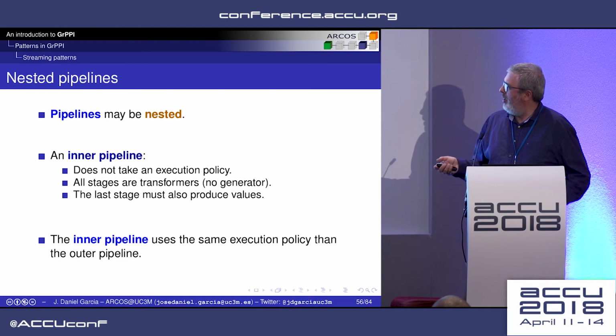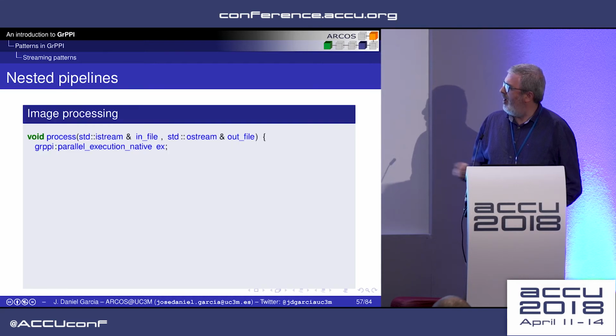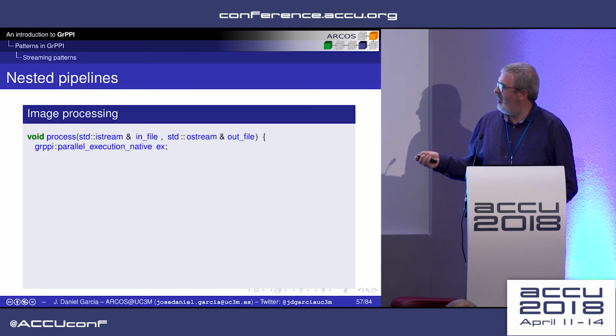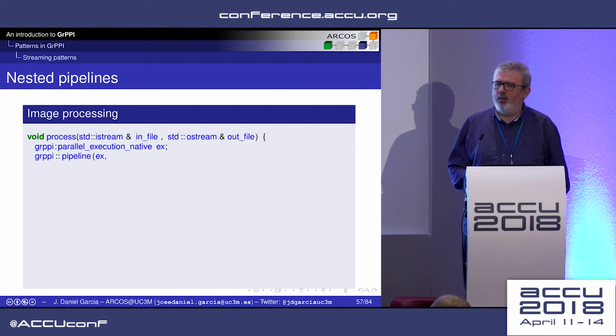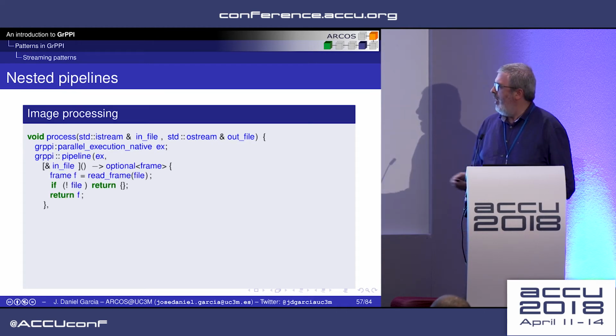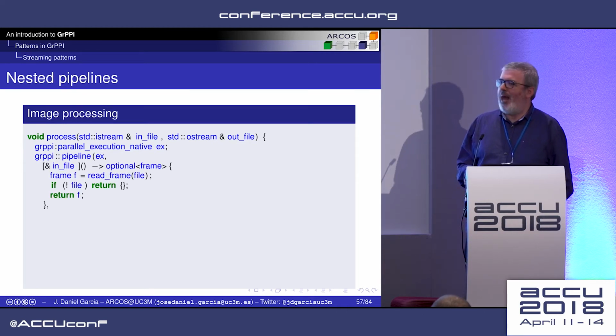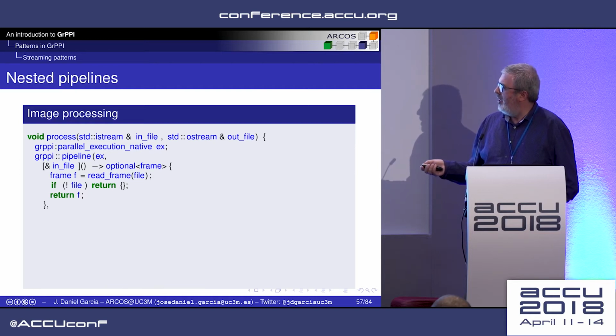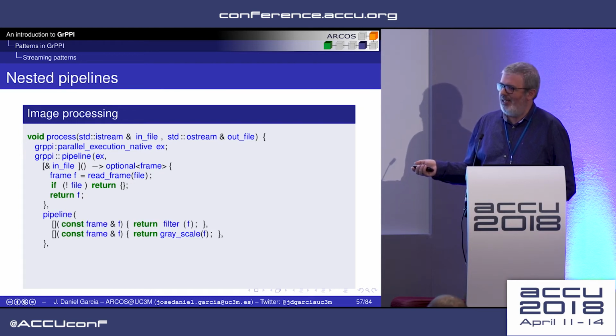So for example, here I have a pipeline, and then I have my generator, which essentially reads one frame from a file and returns either the empty object or the frame I have read. And then I have an inner pipeline with two stages. The first one just performs a filtering. The second one performs a transformation to grayscale.